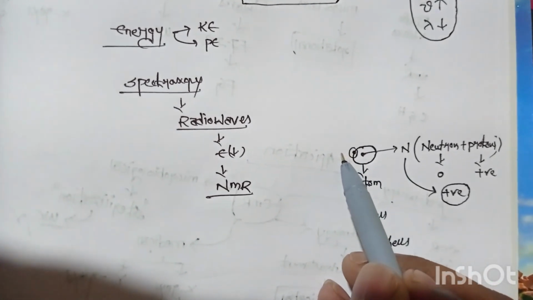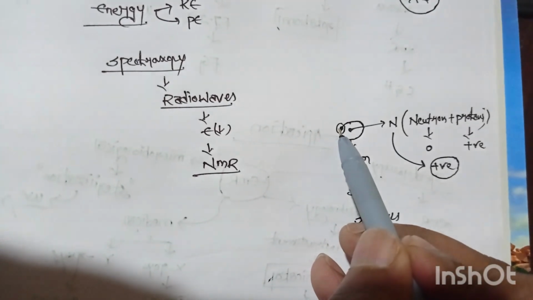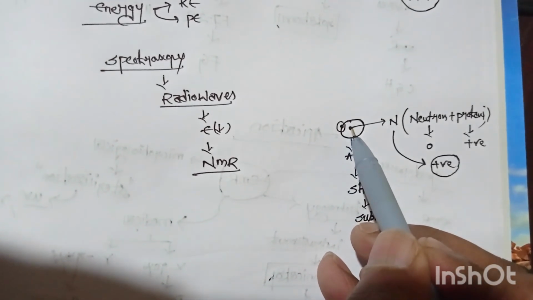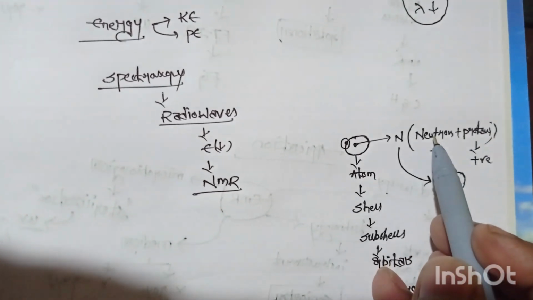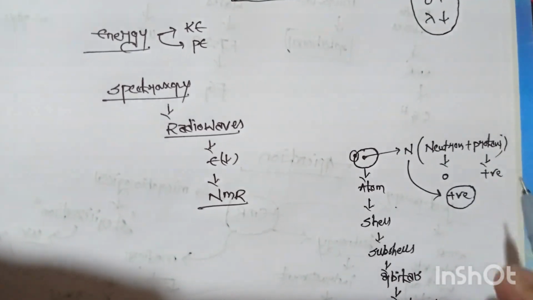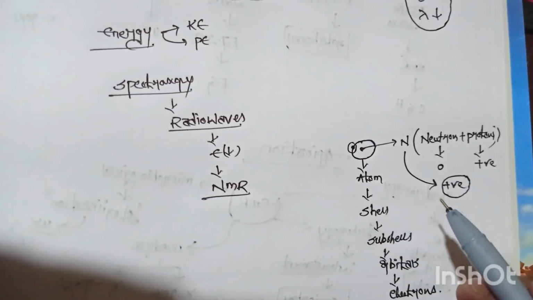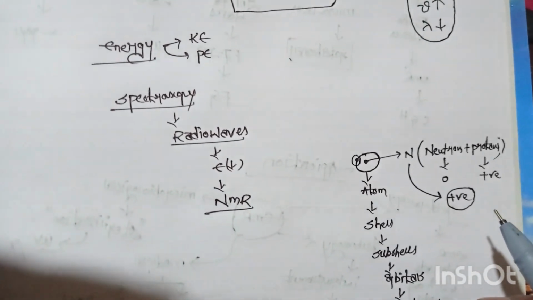Whenever the radiation crosses the outermost electron, then it hits the nucleus. The nucleus has protons and neutrons, right? The protons have a positive charge, that means they have some kind of spin, right?